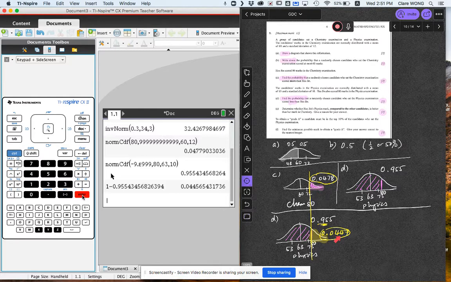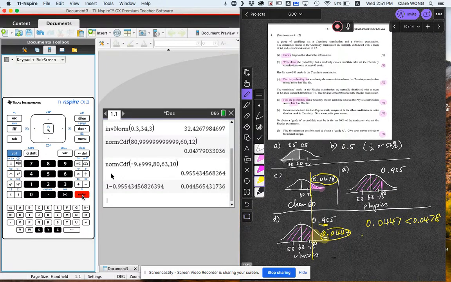So the probability of someone doing better than her is lower. And therefore the conclusion is that she has done better in the physics exam than in the chemistry exam. So because 0.0447 is less than 0.0478, therefore she has done better in physics.